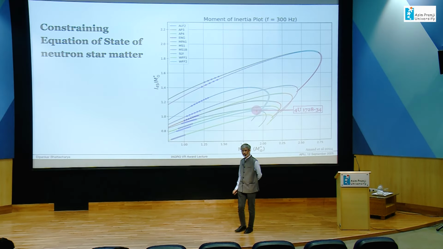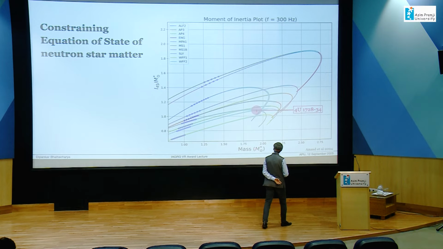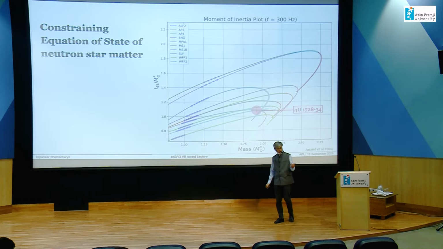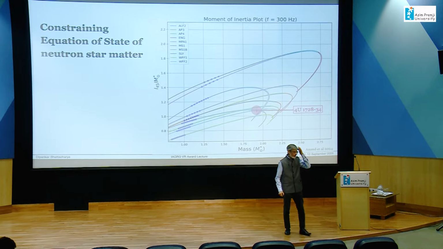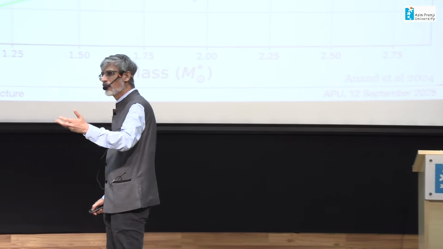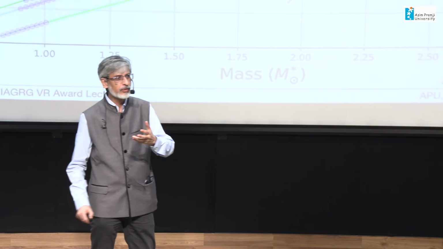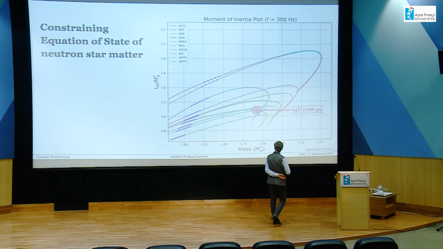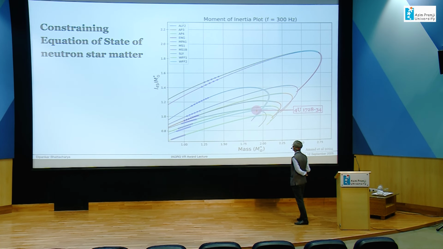So, given that constraint on moment of inertia and mass, and here is where the measurement lies, I can now compare this with the predictions from different equations of state, which can still not be distinguished theoretically, right? So we can predict moment of inertia versus mass for various different equations of state and then see which are reasonably close to this measurement.